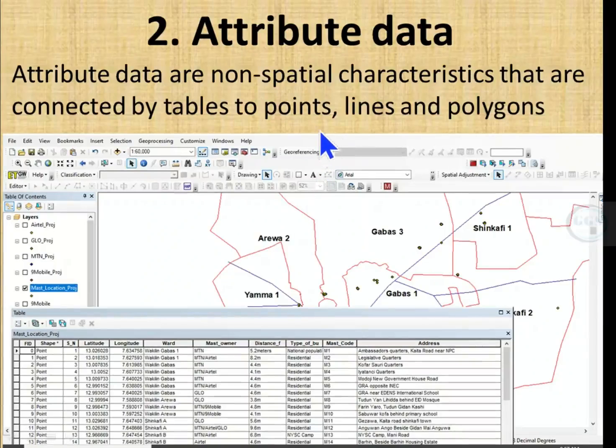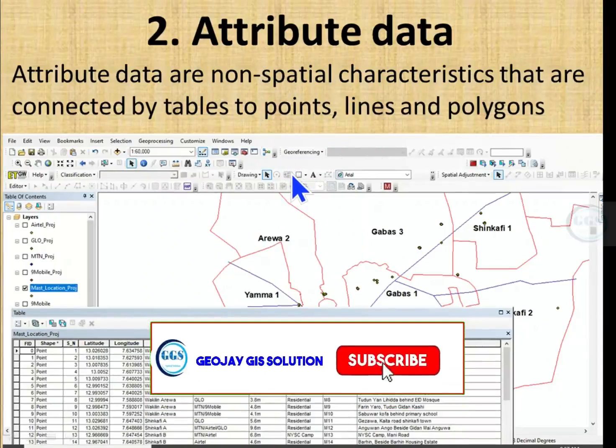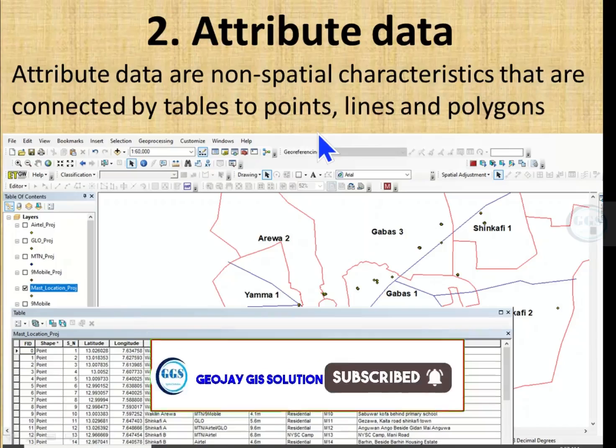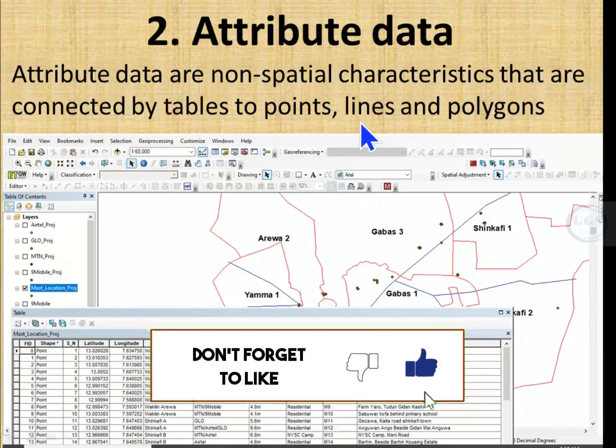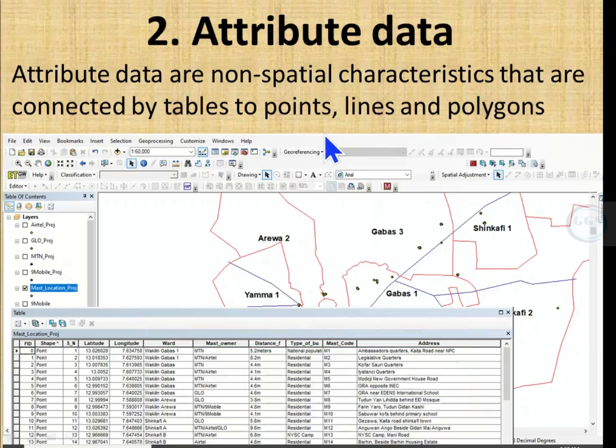Then number 2 type of data in GIS is attribute data. And attribute data, they are not spatial. However, they tell us the characteristics of spatial data, and they are usually connected by tables to points or lines or polygons. In this very picture, you can see an example of attribute data.